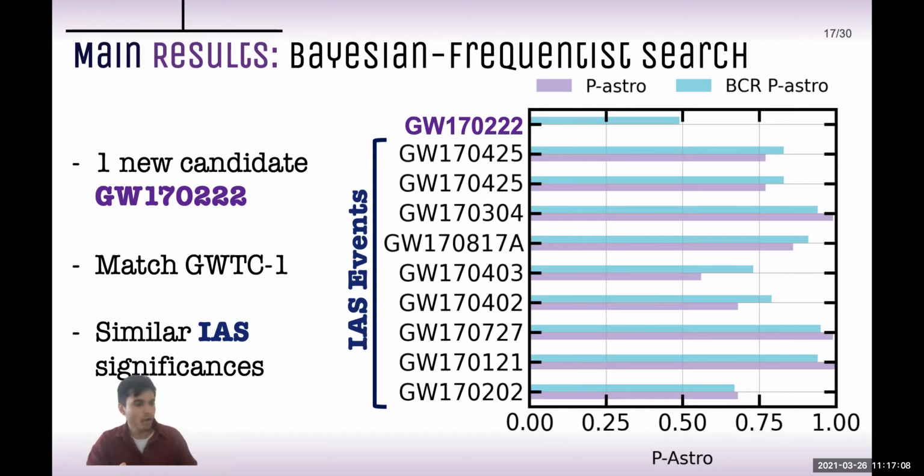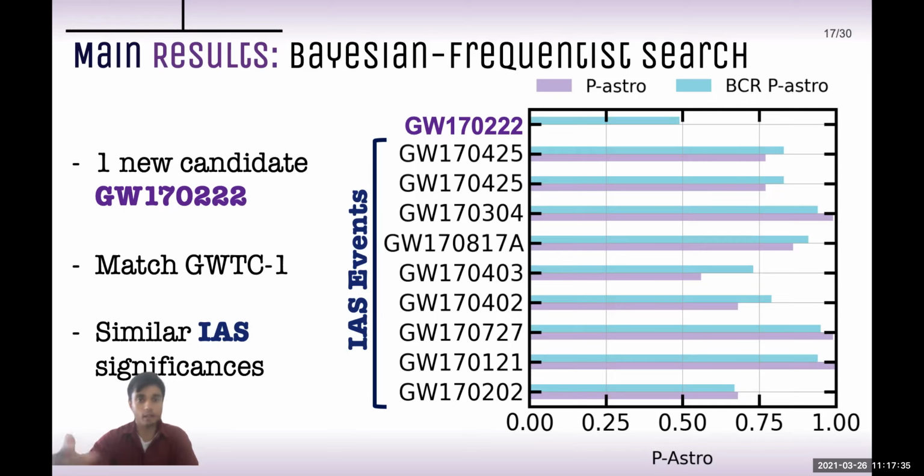And so it's been uncertain in the community if we can trust these IAS events or if they're not actually events, and they might be something else, some glitches or something. But I think after the study, I have more belief in these IAS events because we're also reporting a very similar probability of these things being astrophysical.